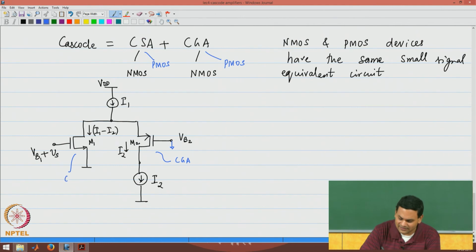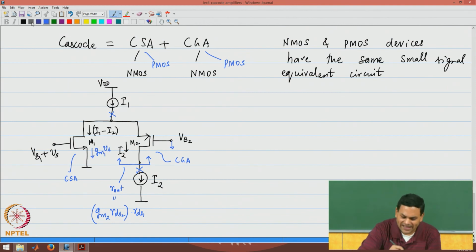This clearly still acts as a common source amplifier, and this is an open circuit and this is an open circuit, and therefore, the circuit still looks like a common source amplifier stacked with a common gate amplifier, and the overall output resistance is still GM2 RDS2 times RDS1. The overall transconductance, in other words the signal current flowing, is GM1 times Vs.